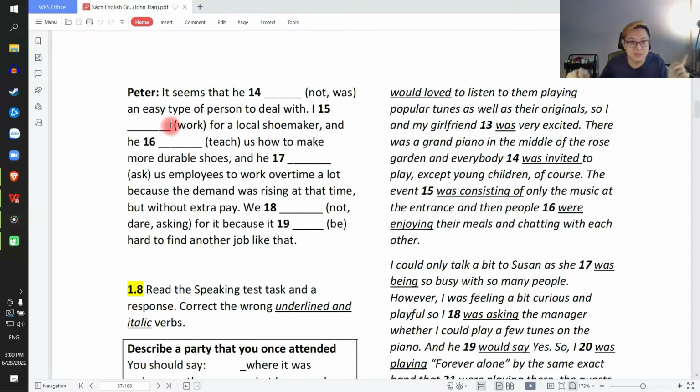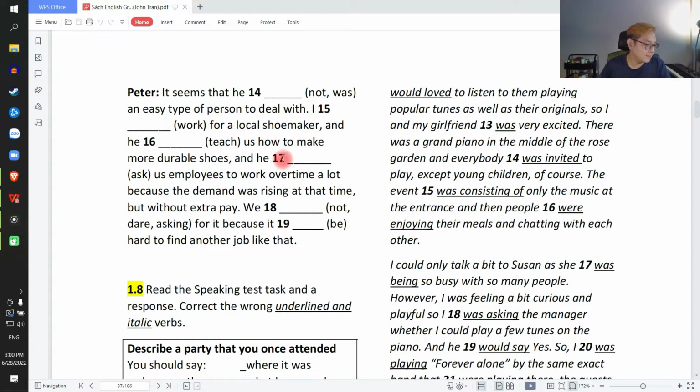I used to work for a local shoemaker, and he taught us how to make more durable shoes.